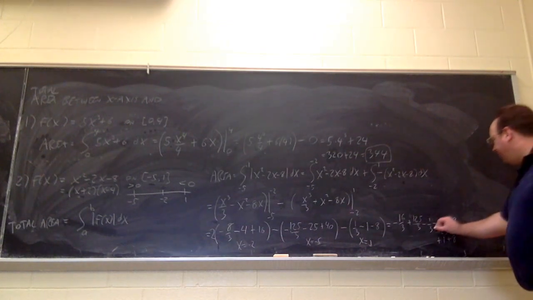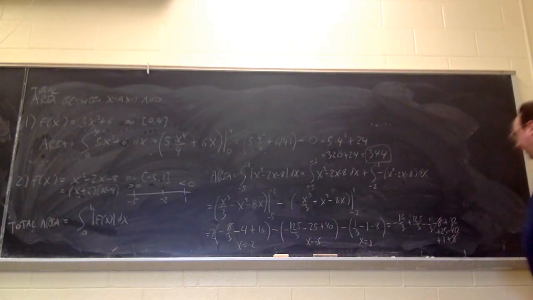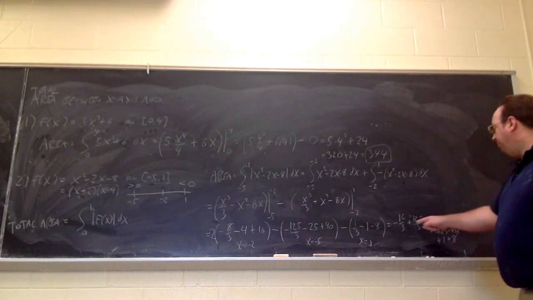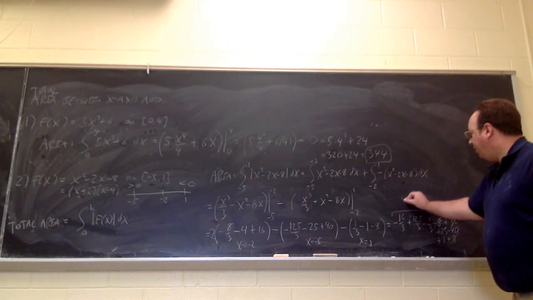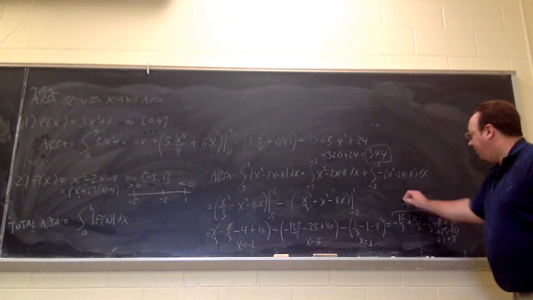So first of all, the 8's are going to cancel out, so that helps. And then here I have minus 16 plus 125 minus 1. This is equal to 108 over 3. And that actually is a whole number.